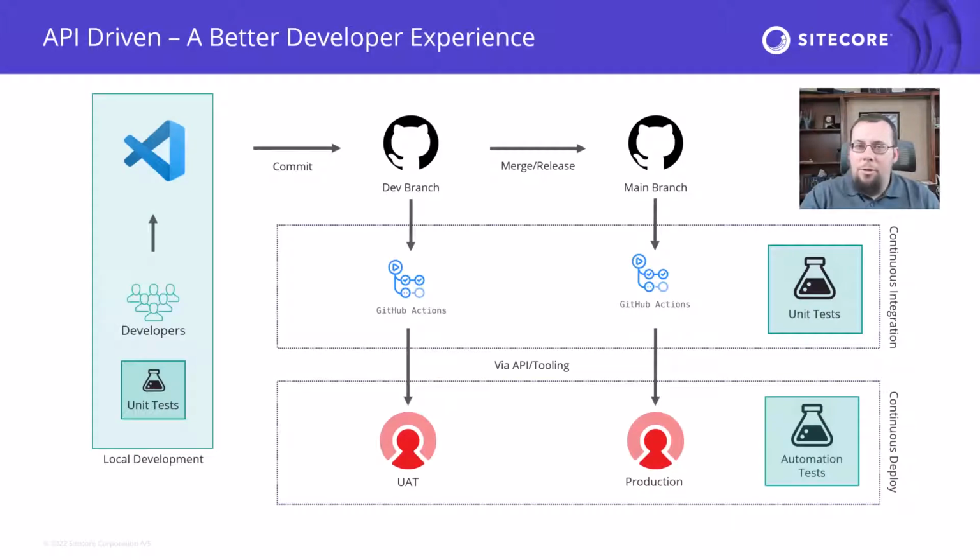But the long story of where we're trying to get to is not necessarily the APIs, but a new way of doing development for Sitecore CDP and Personalize. What I want to get to with this proof of concept is what I'm showing on the screen.